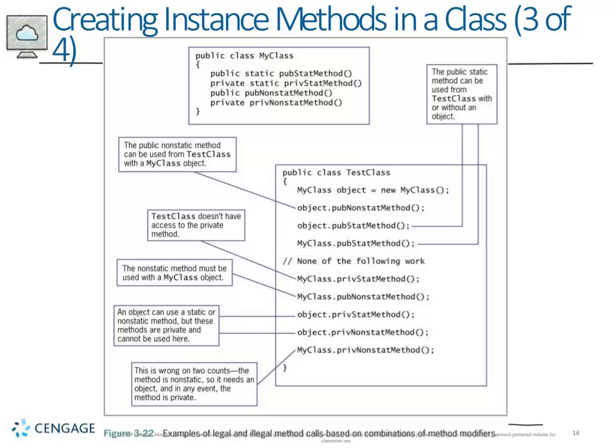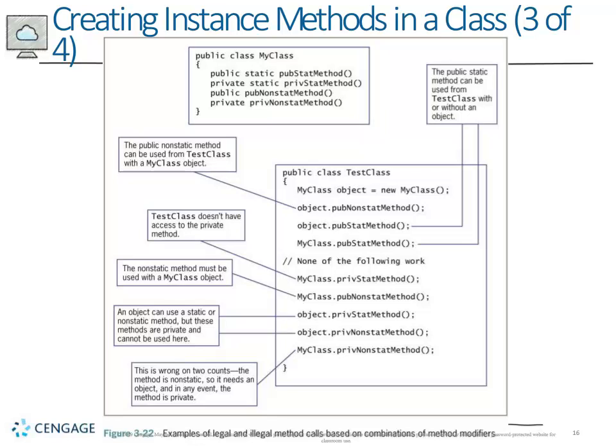This figure shows a test class that instantiates my class. We have a myClass object equal new myClass, so we instantiate an object from myClass.